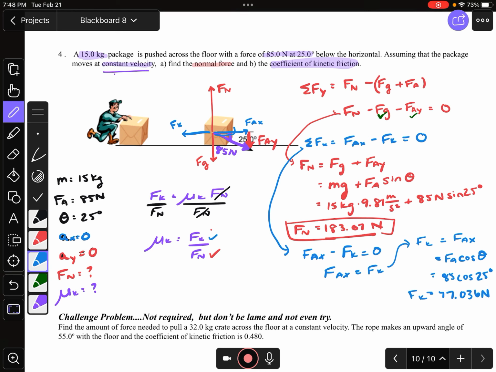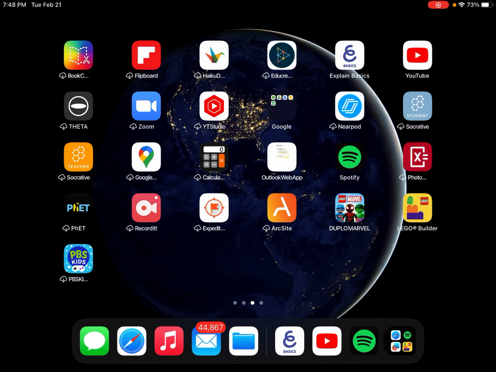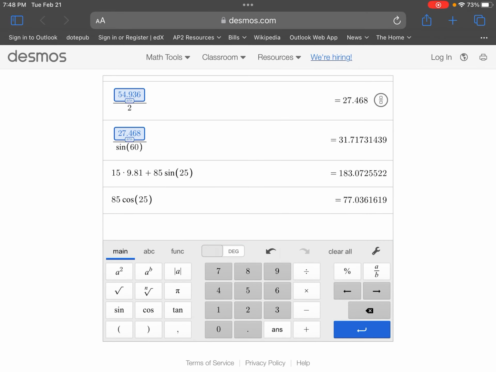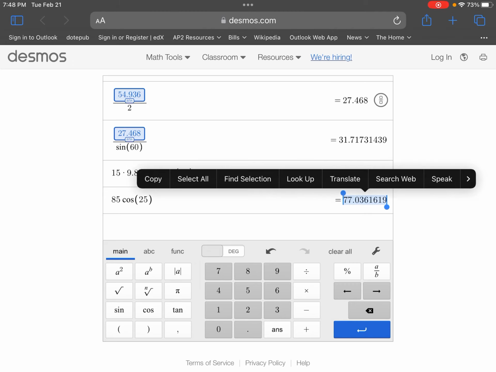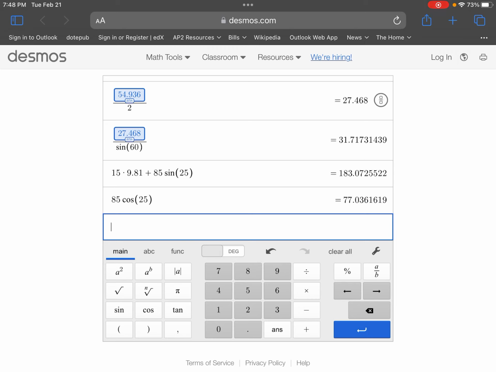So now I have Fk. Boom. I can go ahead and solve this problem. I have 77.036 newtons up top, divided by 183.07 newtons on the bottom. My newtons cancel out to give me no units, which is exactly what I'm looking for. Can I just copy this? I don't know if it's going to let me paste.